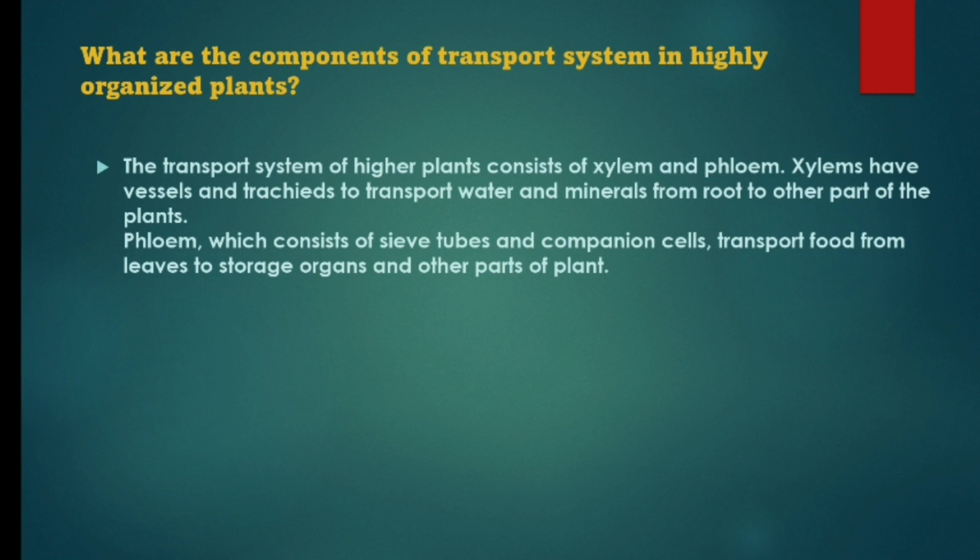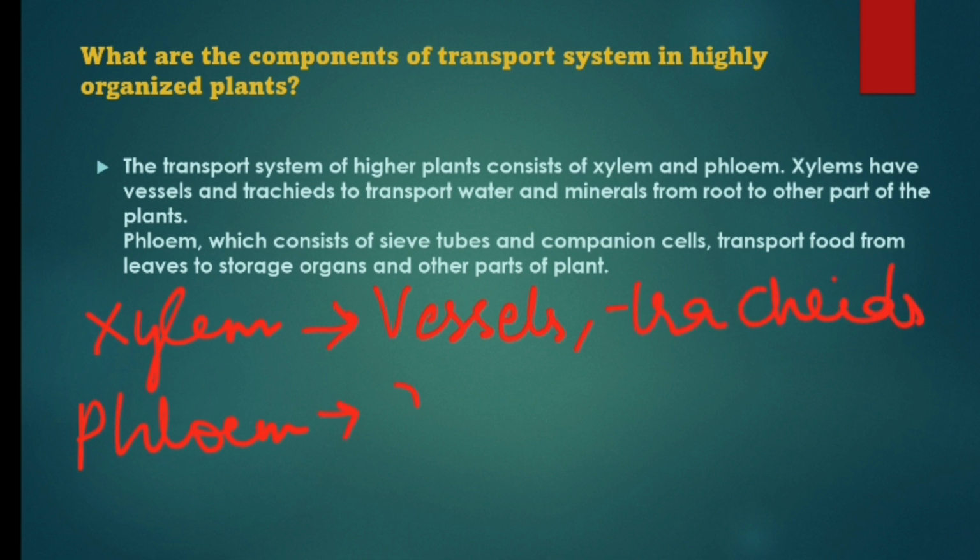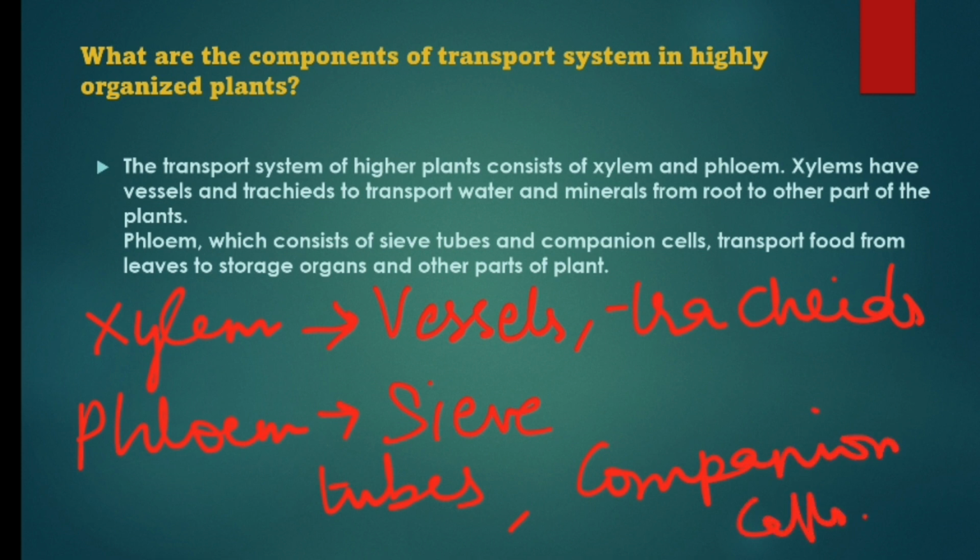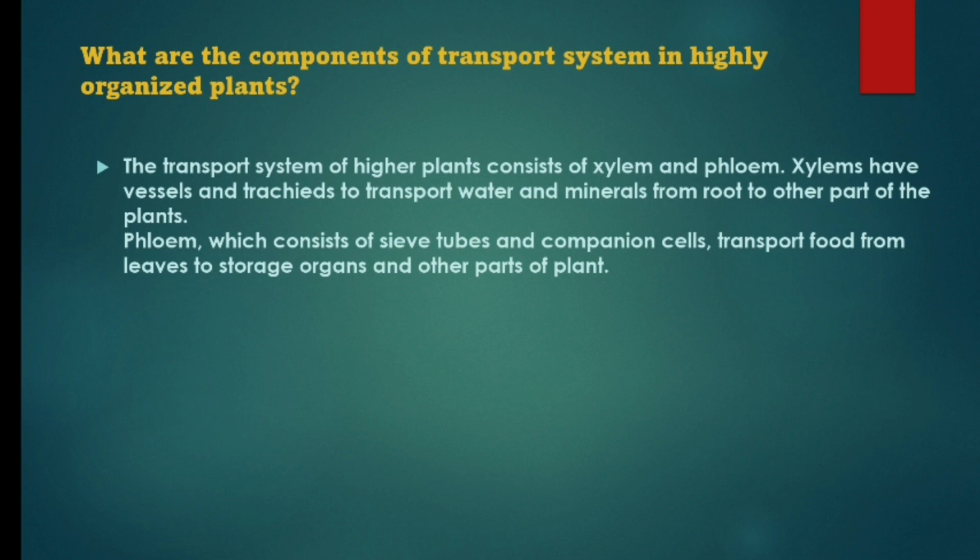Now you all know that the two main complex tissues present are xylem and phloem, and you have to write that xylem components are vessels and tracheids, which help in the conduction of water, and phloem has sieve tubes and companion cells that help in the translocation of food from the region of production to the region where it is necessary.